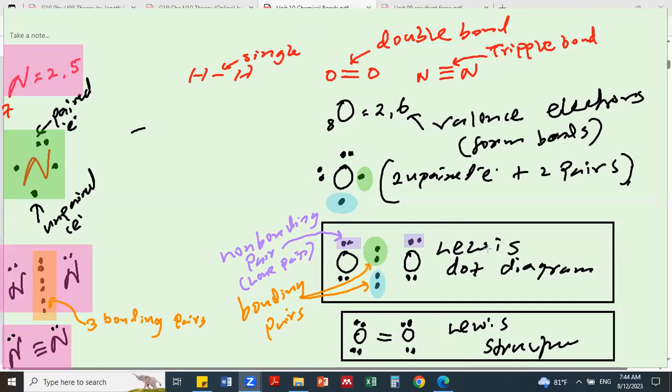Shall I erase this, students? Did you finish copying down oxygen and nitrogen both? How nitrogen becomes a triple bond and how oxygen becomes a double bond, now I explained, right? To everyone. Nitrogen is N2.